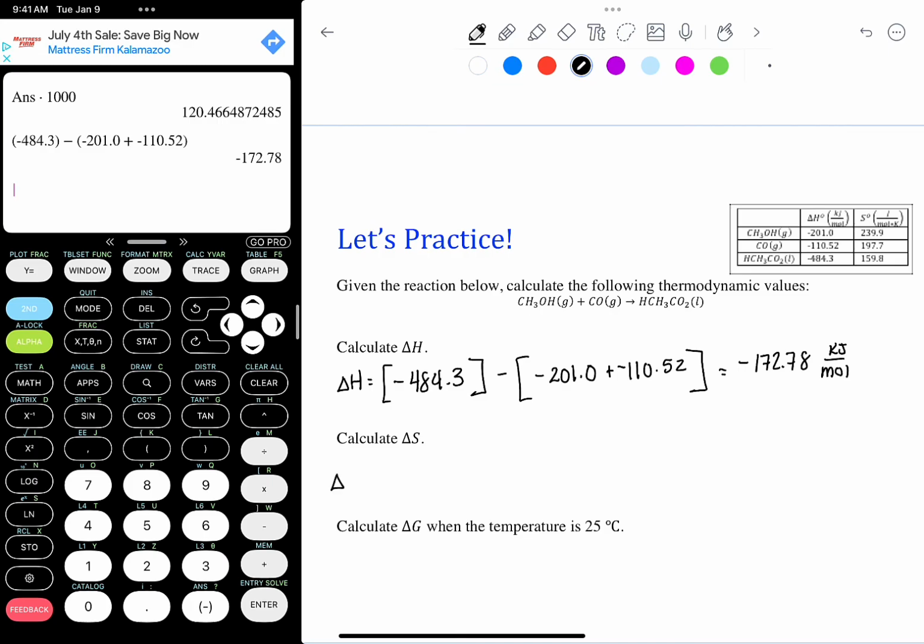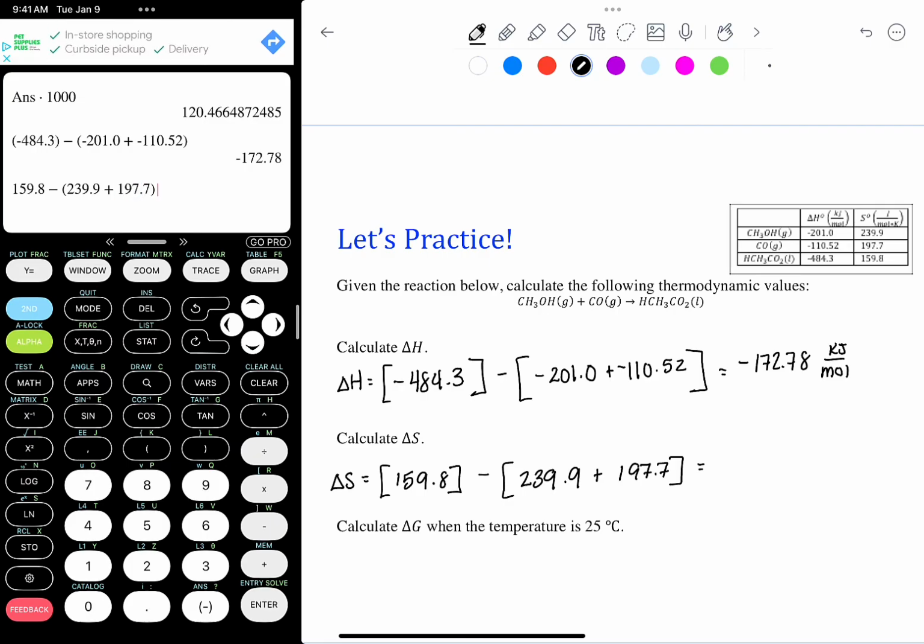For delta S, we'll do the same thing. So let's see, our product is 159.8 minus our reactants, 239.9 plus 197.7.